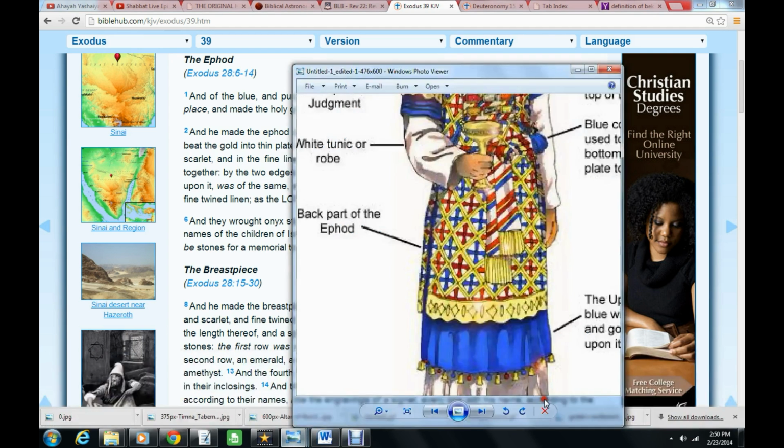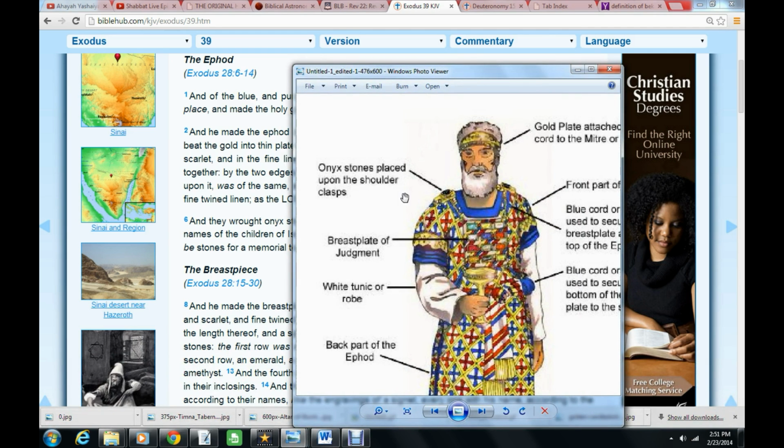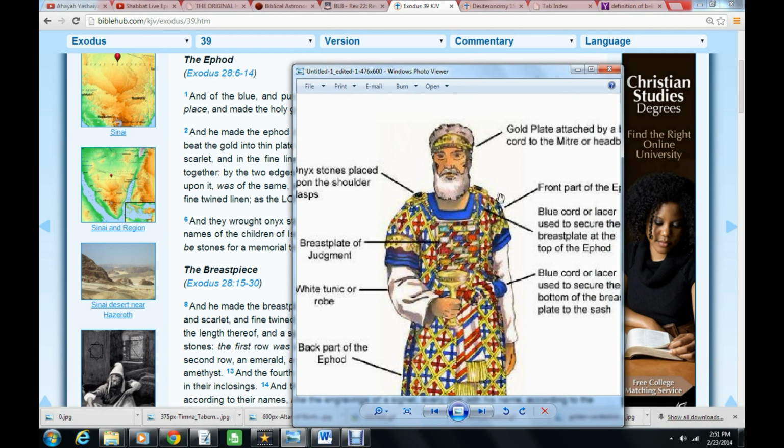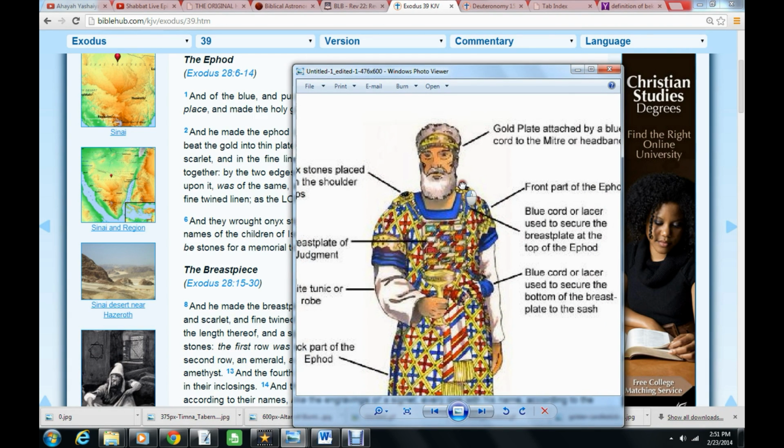So we go back to our picture. Clamps, gold plate around the head, mitre, front ephod, which would be the suit behind this jewel thing. So it would be this thing with the crosses it looked like on it.